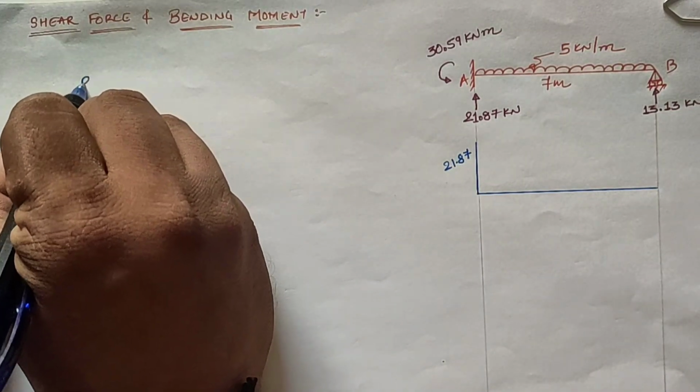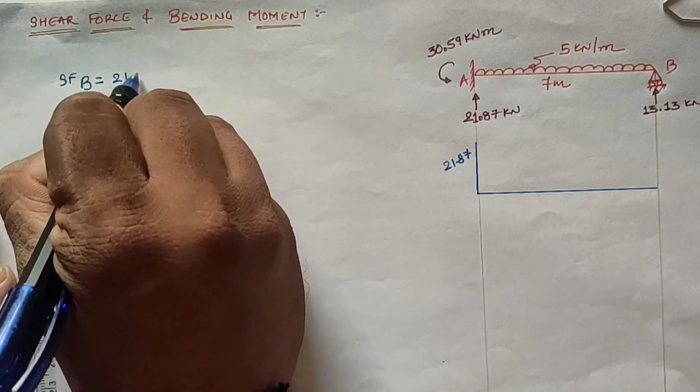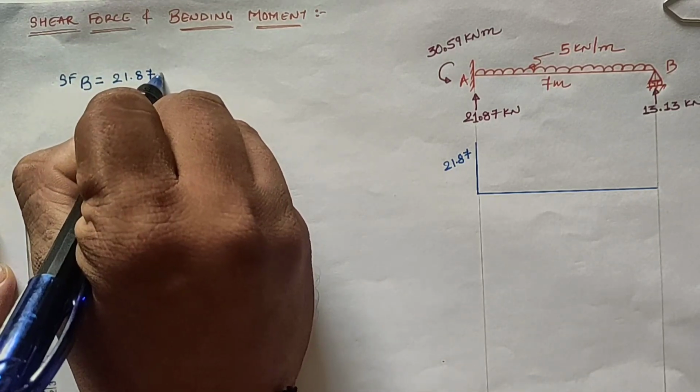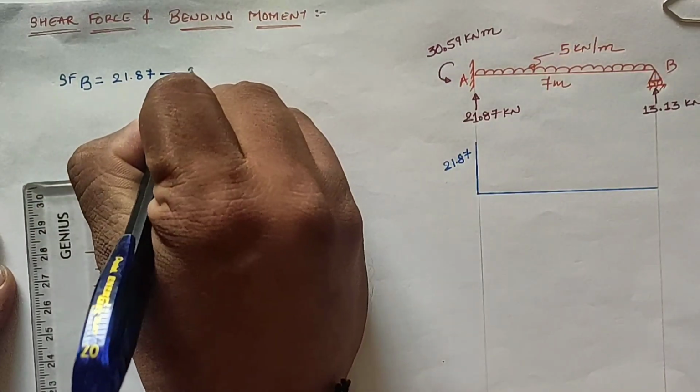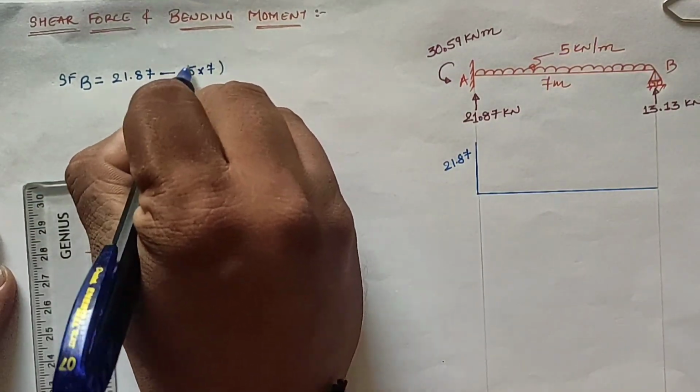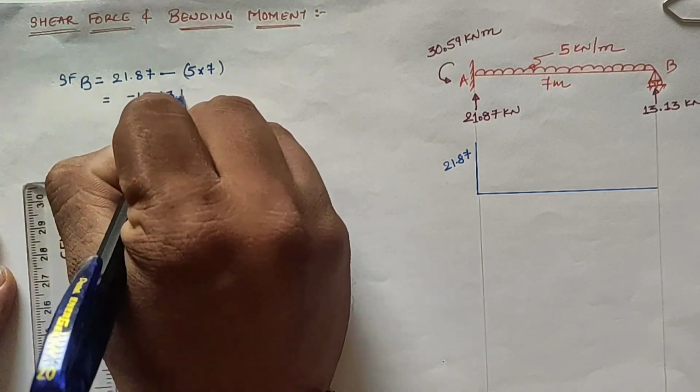So at location B the shear force is 21.87 in upward direction minus UDL in the downward direction, so it is minus 5 into 7 as a total load, so our value is minus 13.13 kilonewton.